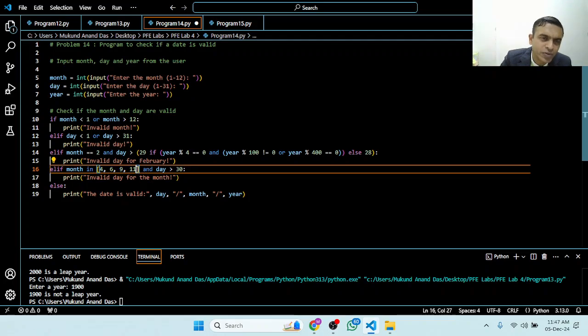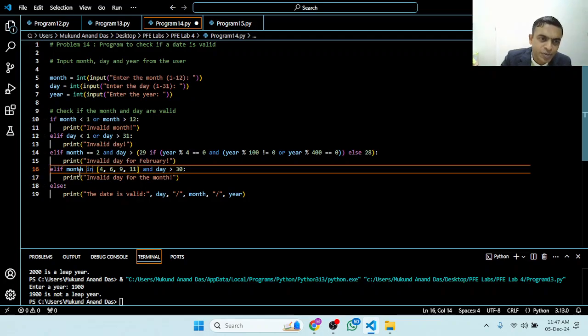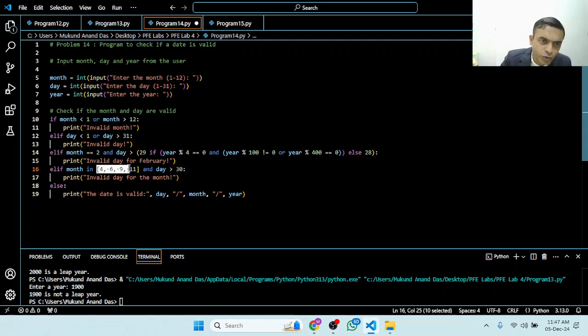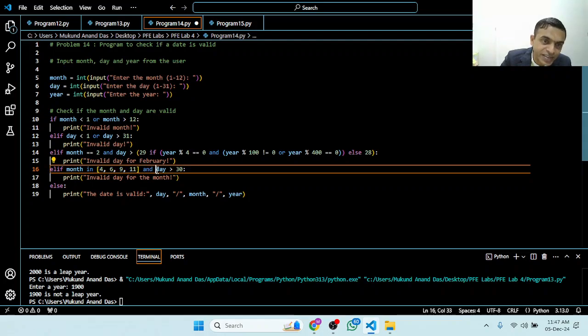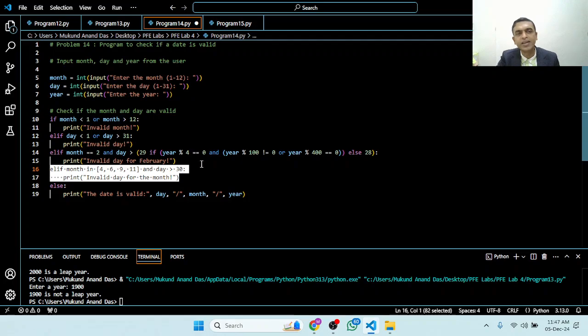Currently don't worry about what it is, just go ahead. In elif month in this, if the month is any of these 4 and the day is greater than 30, then print that it is invalid day for the month. So if the month is 4 and day is 31, invalid. There is nothing called 31st April, right? Similarly for June, September and November. So we are checking this here.